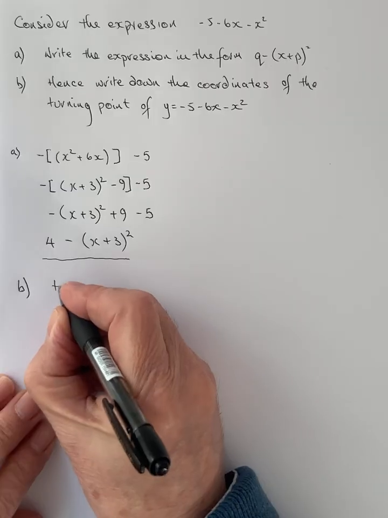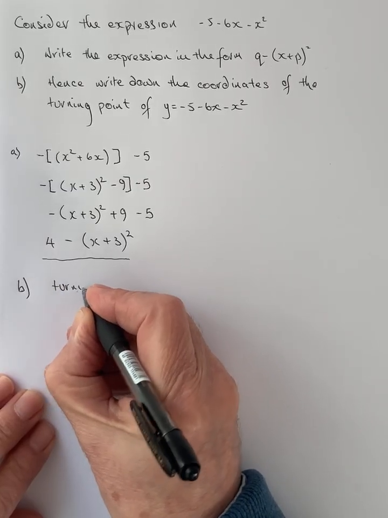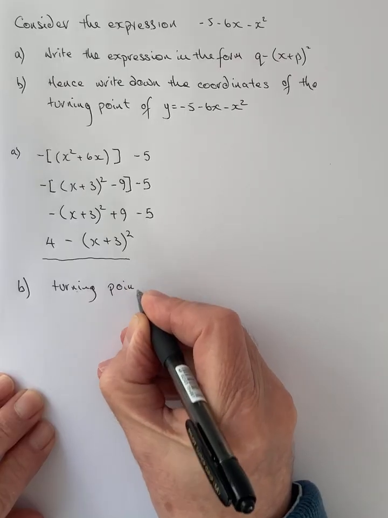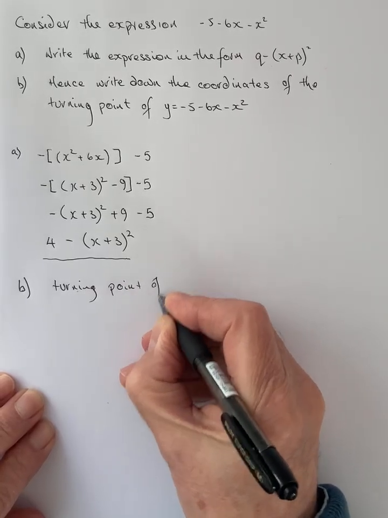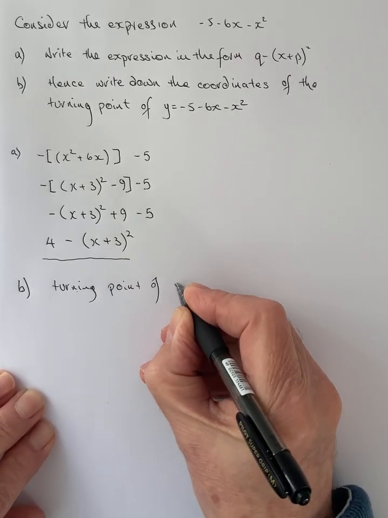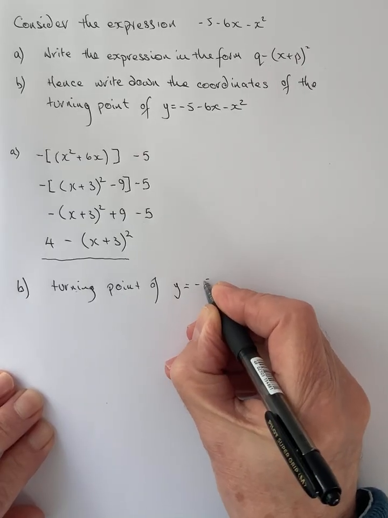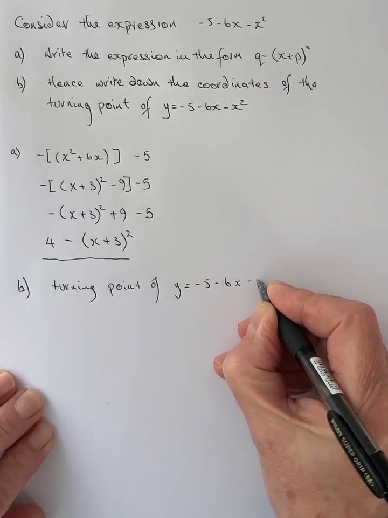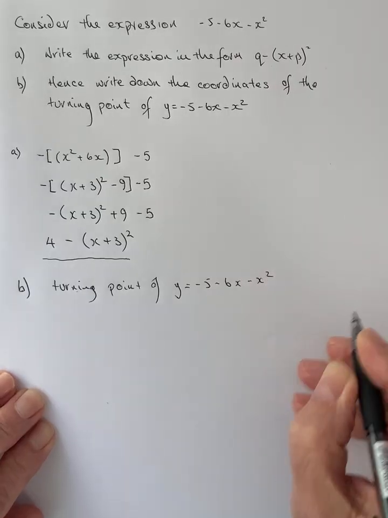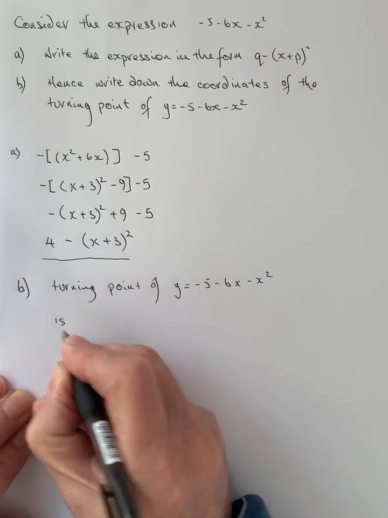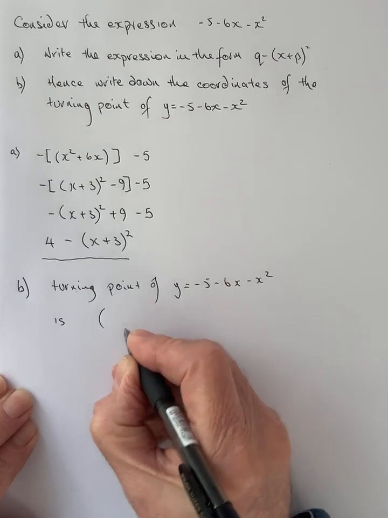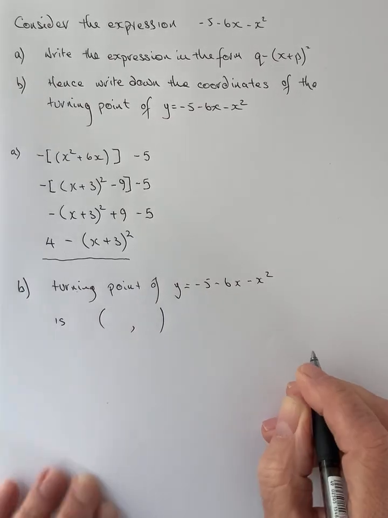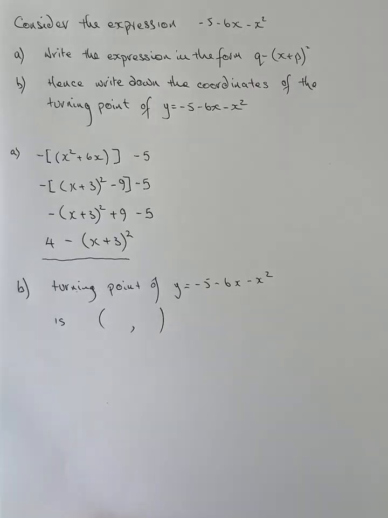So the turning point of y equals -5 minus 6x minus x squared is, and it's going to be a coordinate pair in brackets like this, okay, because you're looking for the coordinate points.